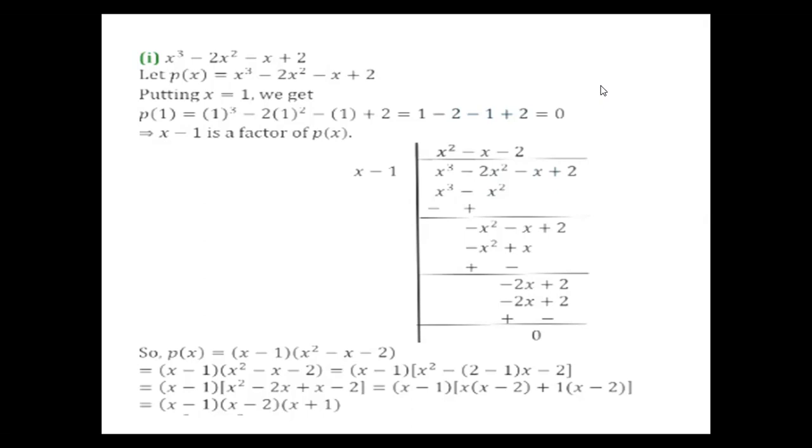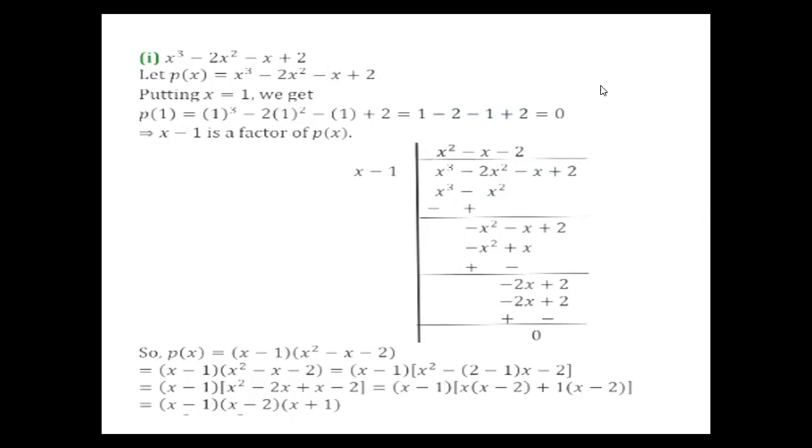Now, as you could see over here, in the last line, I have written all the 3 factors. So first factor, which I have got by trial and error method, that is x minus 1. And the remaining 2 factors, that is x minus 2 and x plus 1, which I have got by middle term splitting x squared minus x minus 2.